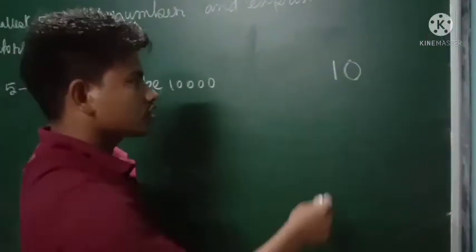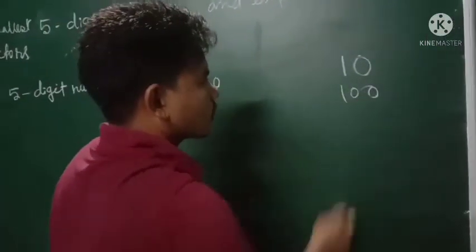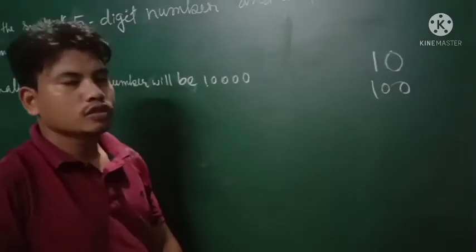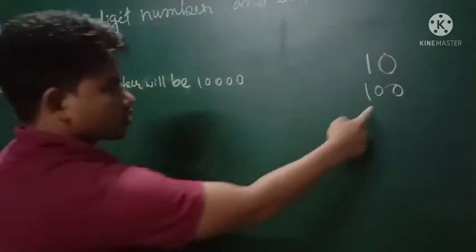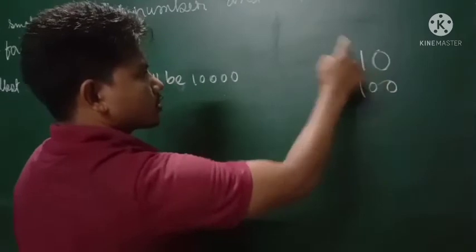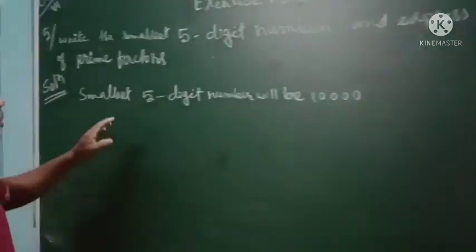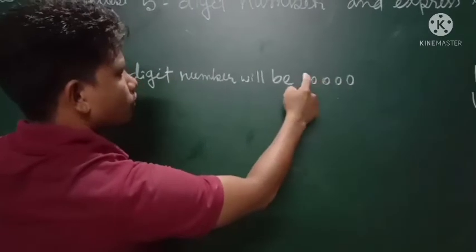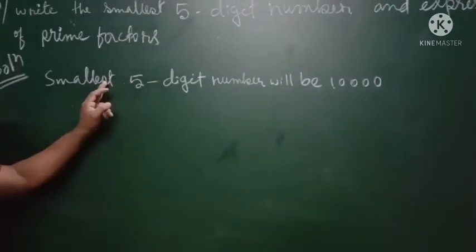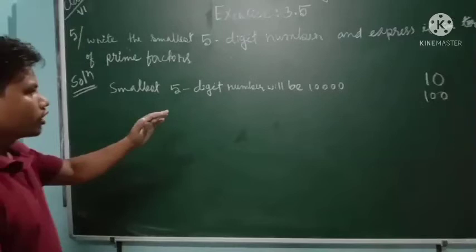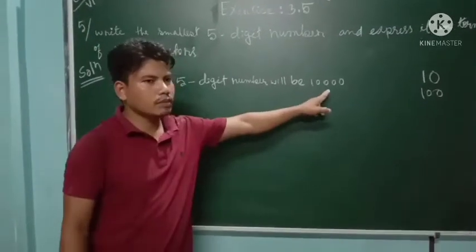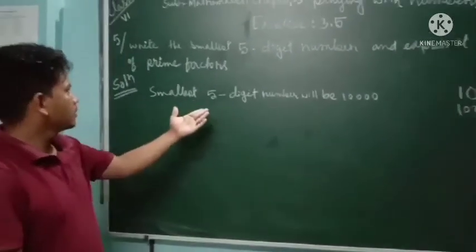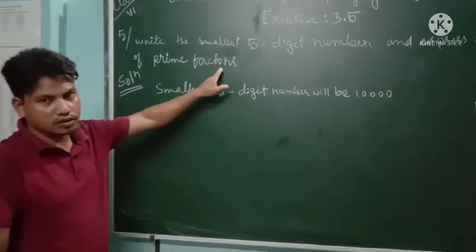Suppose smallest 3-digit number, you have to write 100. Now here mention 5-digit number, that's why 1, 2, 3, 4, 5. So from this 5-digit number, we have to find it in terms of prime factors.